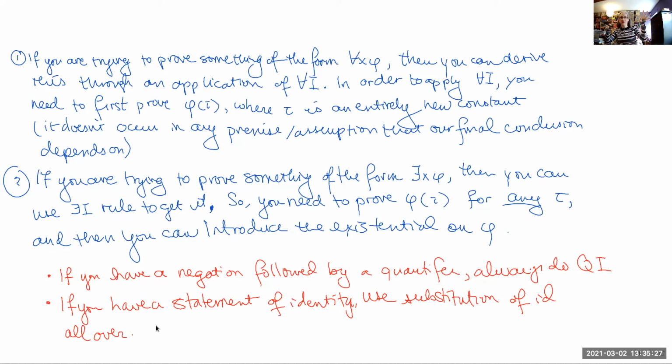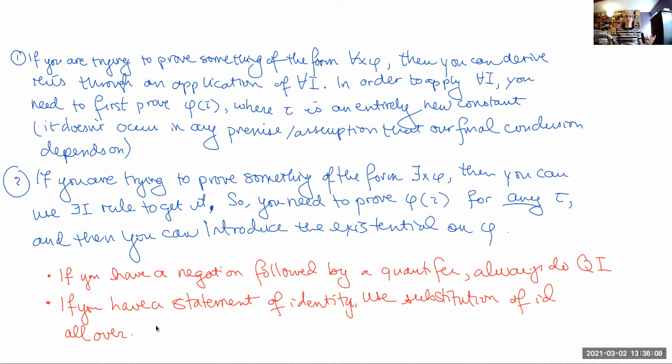I have not LA here and I have LC here, but I know that A and C are the same thing, so I'll do a substitution on one of those, and then I get my contradiction. But before you reach that point, every time that you have a statement of identity, substitute through all of the formulas so that you basically have everything. If you're saying tau 1 equals tau 2, then for every formula that has tau 1, do the substitution and get that formula with tau 2, and vice versa, because that will help you see the scope of the consequences of the premises that you have or the things that you've already proven in your proof.